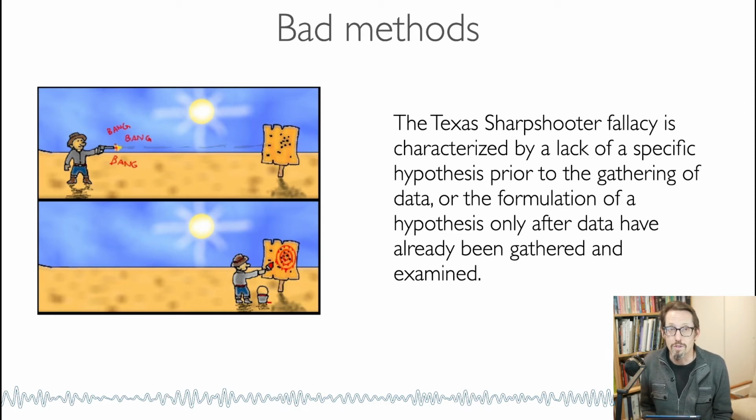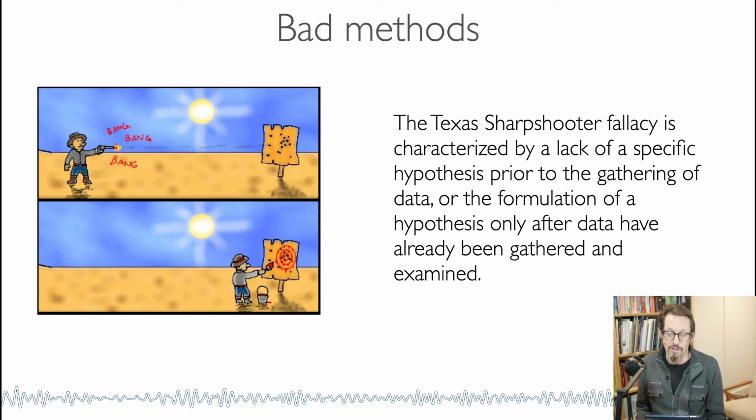Because if you don't define what you're expecting to find, then it's easy to just shoot your pistol and look at the dots and claim after the fact where you were aiming for, which of course you may not have been. Maybe you're fooling yourself. Maybe you're lying. So this is called the Texas Sharpshooter, and we also call it HARKing, hypothesizing after results are known.